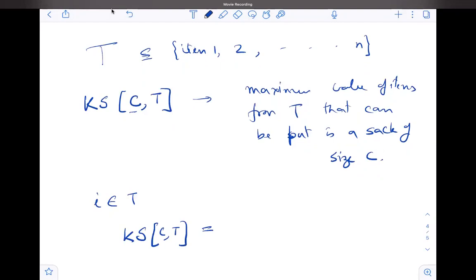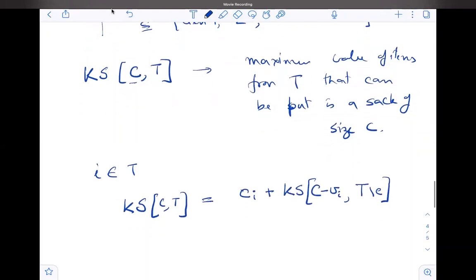If I pick up that item, I have a cost of C_I, plus, since I've already put it in the sack, the sack's allowed volume has gone down by V_I, and I am left with the set T minus I. So this is one option that I can do.